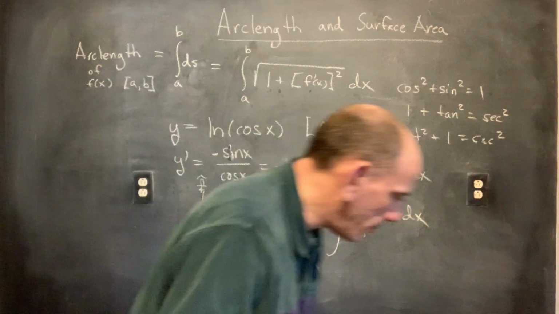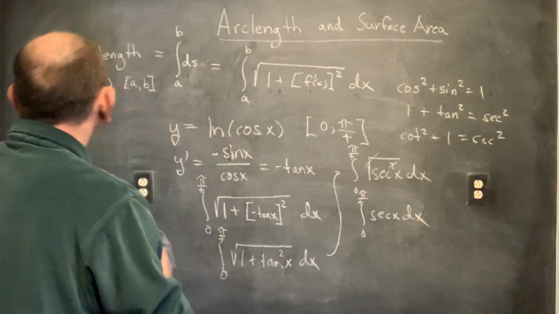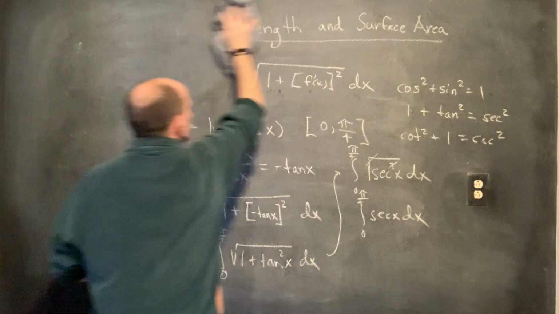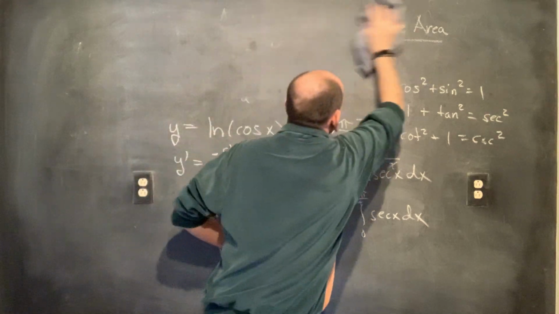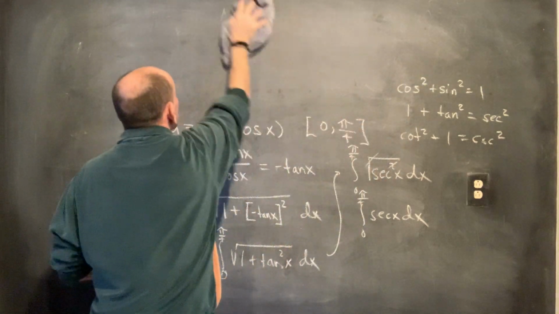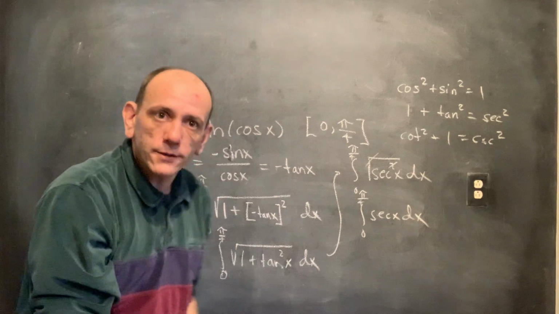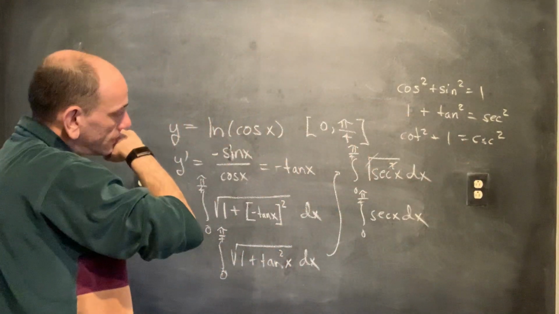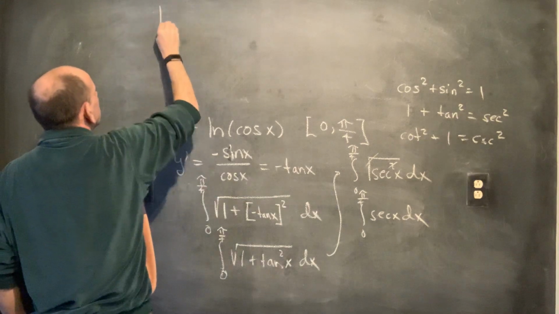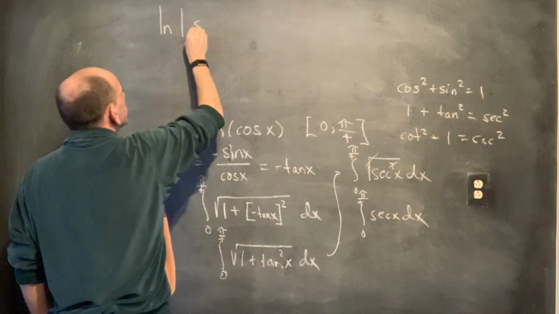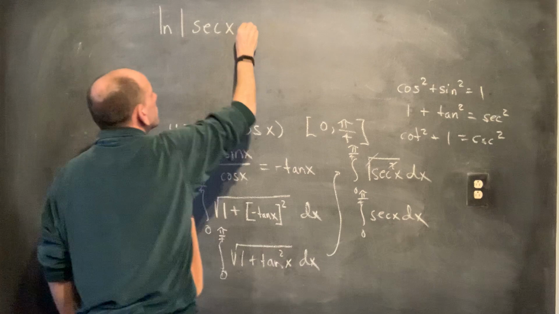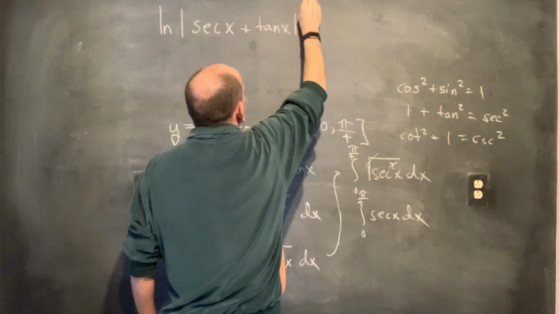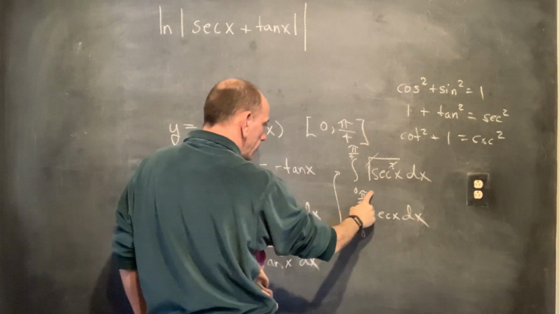And that's one of our basic rules. Well, not so basic, but it's one of the fundamental rules. Integrating secant is ln absolute value of the secant of x plus the tangent of x, evaluated from 0 to pi over 4.